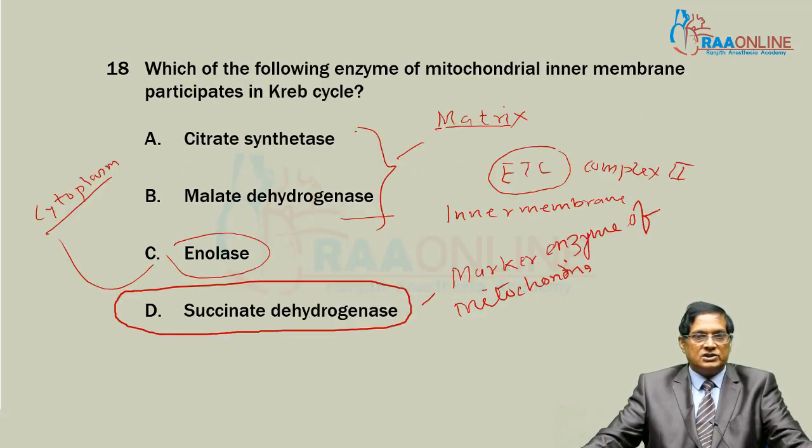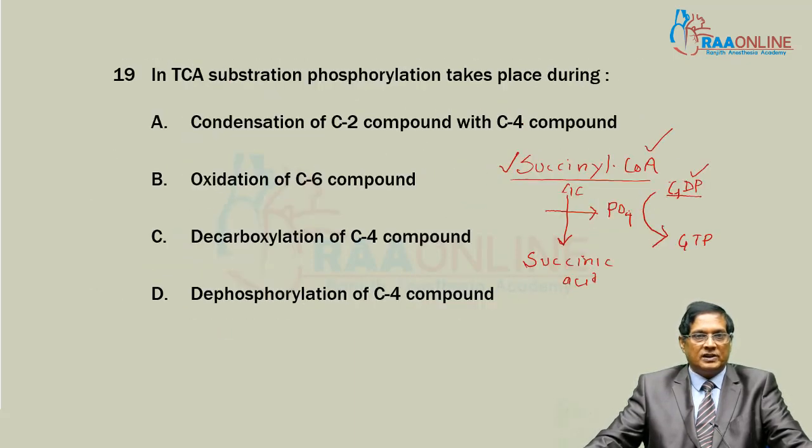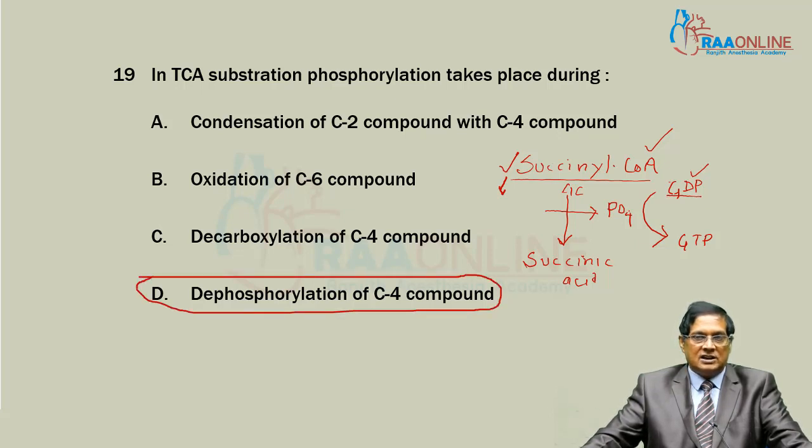So come to that question, that is this one. My answer: succinyl coenzyme A, a 4C compound, undergoes dephosphorylation, that is release of phosphate, and it is taken up by the guanosine diphosphate.